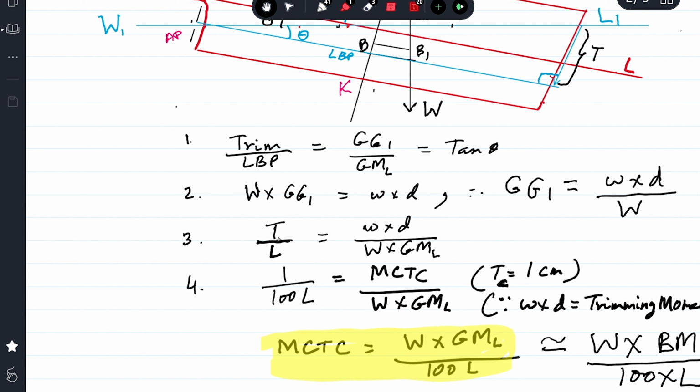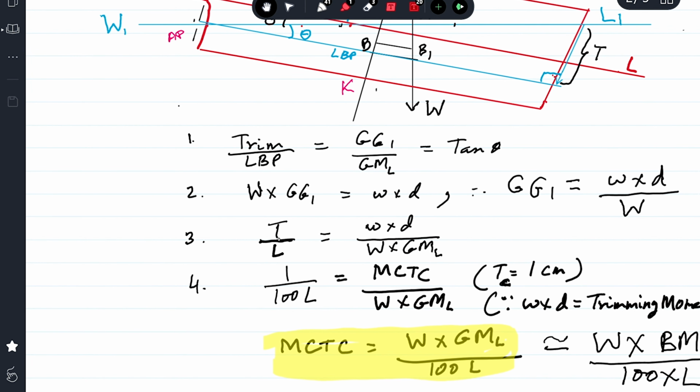So small w into D is the trimming moment, which is equal to W into GG1, which I showed you earlier. The actual trimming moment after G has shifted, the couple, is W into GG1 equal to w into D. So that means GG1 is equal to w into D upon displacement, capital W.